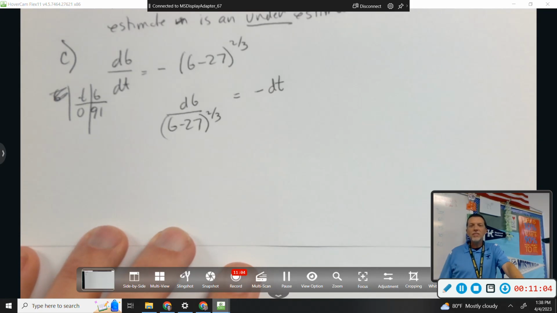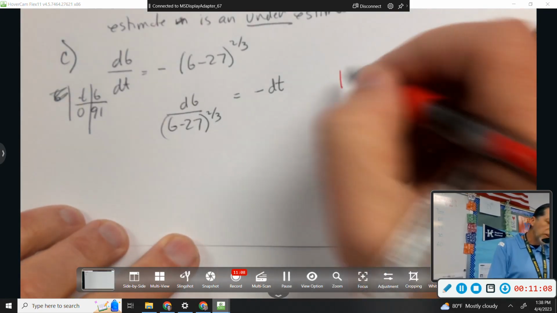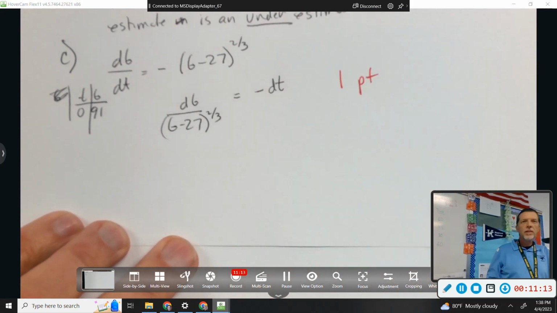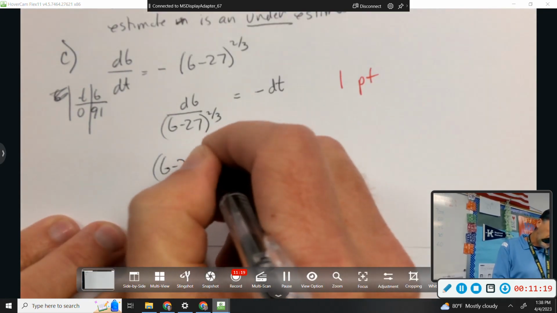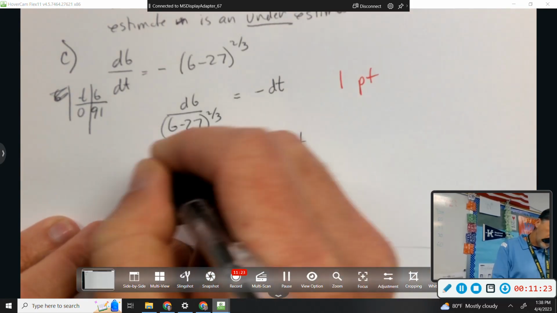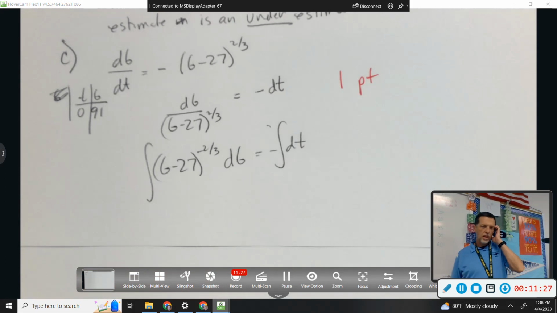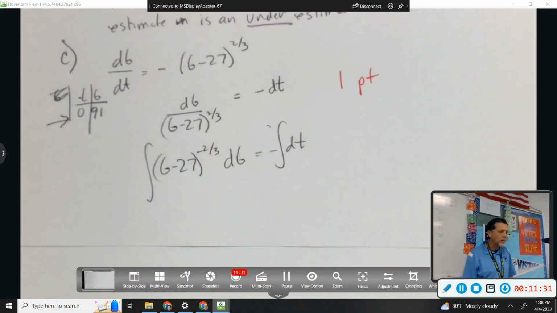I'm separating variables. Almost always that gets you 1 point, so that's probably worth the point right there. Because you're like, okay, I know what I'm supposed to be doing. Now let's see if I can actually do it. Then we can integrate both sides. Now I know why they gave me this initial condition. I will use that in a moment.